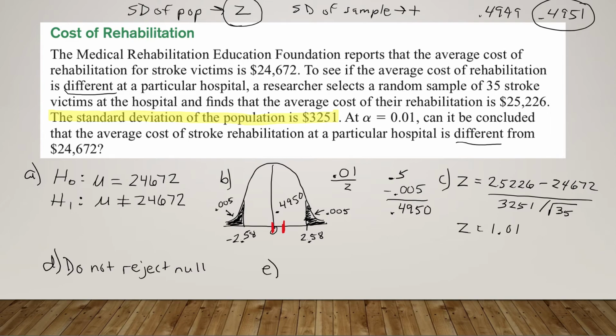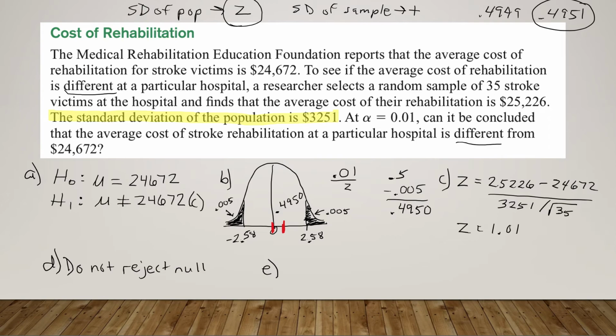And then we're going to go back to that little chart that I showed you just a minute ago, and we are going to find our conclusion. So I do need to go back and do the claim. I forgot that for part A. We are trying to conclude, and I'm looking at the last sentence, that the average is different. So different would put the claim as the H1.